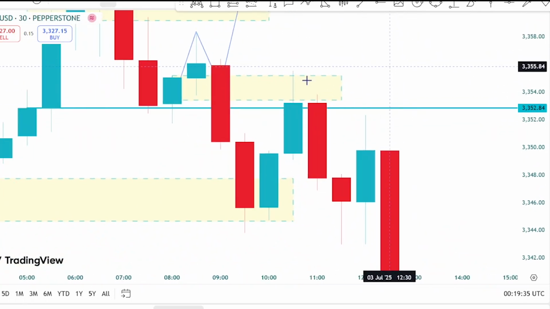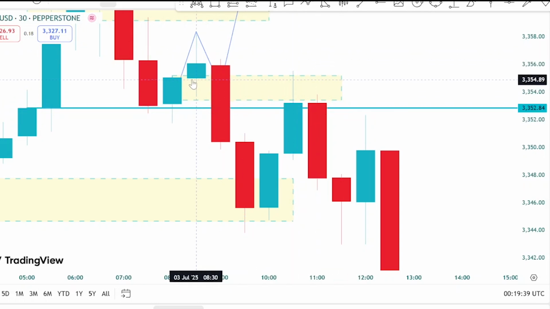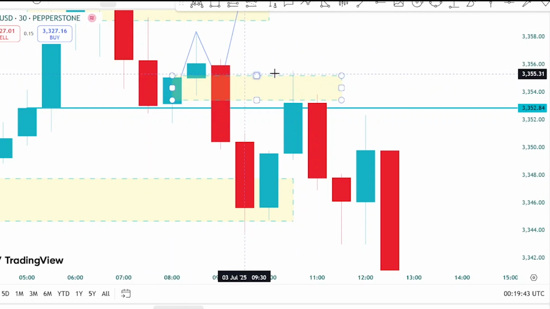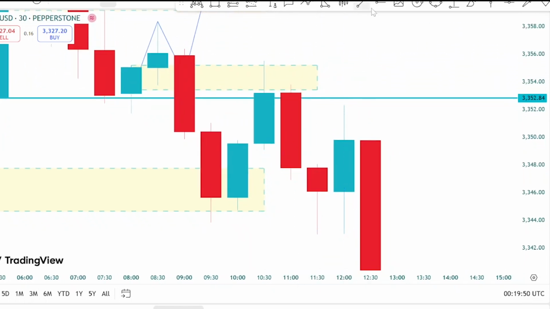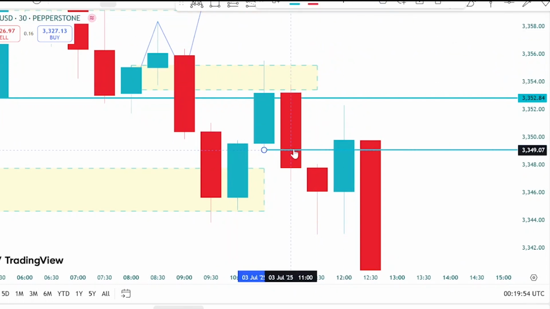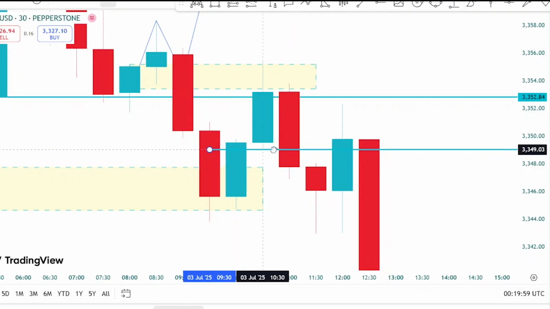If you are expecting the market to continue moving up, remember this inside area is a supply, so there's a high probability for the market to reject from that area. Then what happened, you had to lock or set a break even from this area.